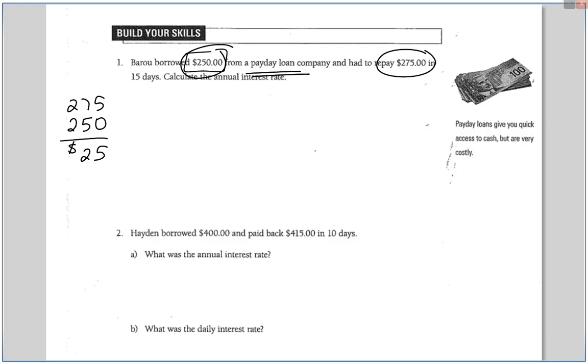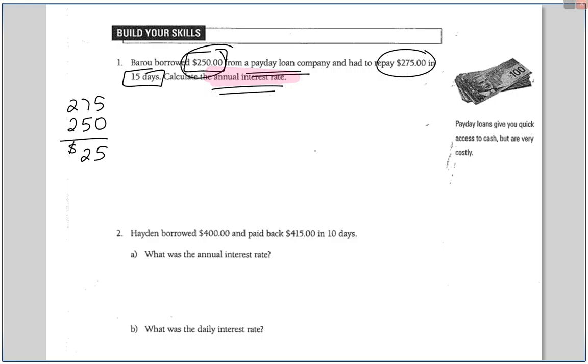So you pay back extra, and that's how the payday loan company makes some of their money. They've given you the time, 15 days, and they say calculate the annual interest rate. We are interested in annual interest rates, so we will do this question.